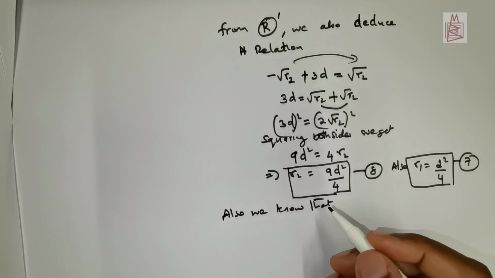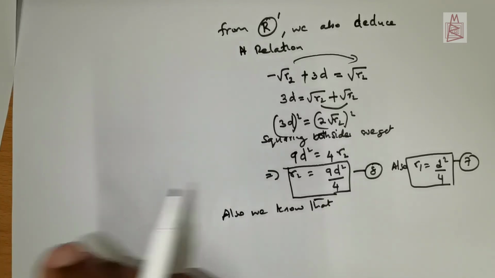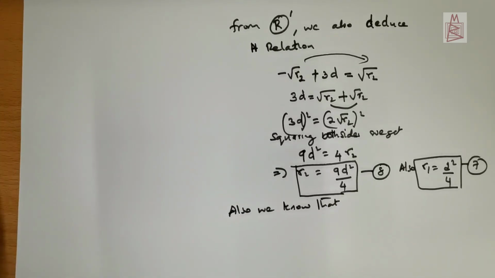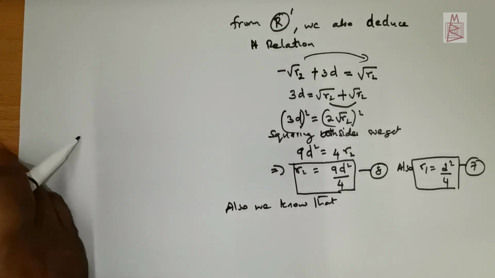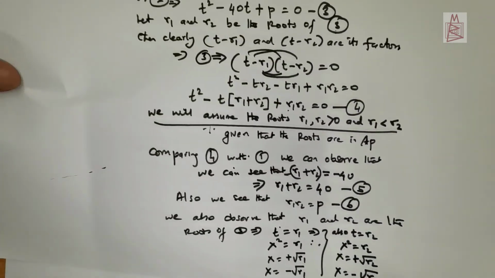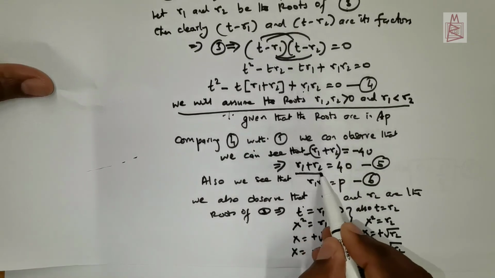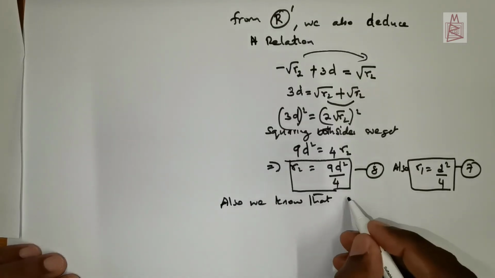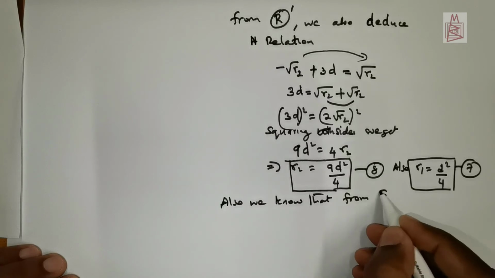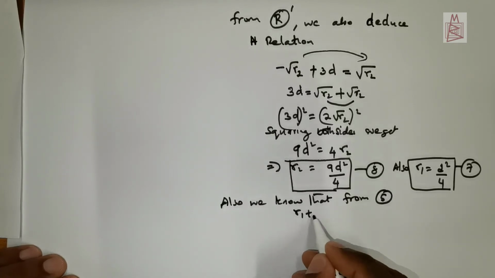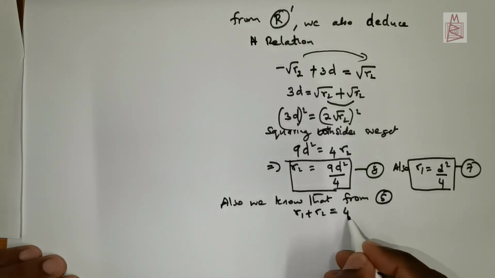Let me show that to you. So clearly you see that R1 plus R2 is equal to 40. So clearly also we know that from 5, R1 plus R2 is equal to 40.